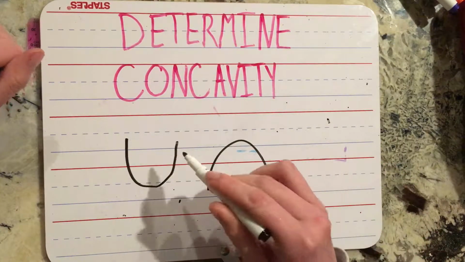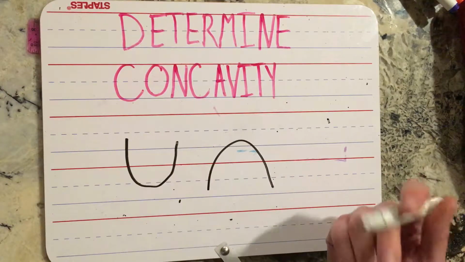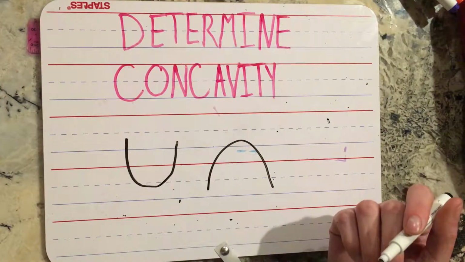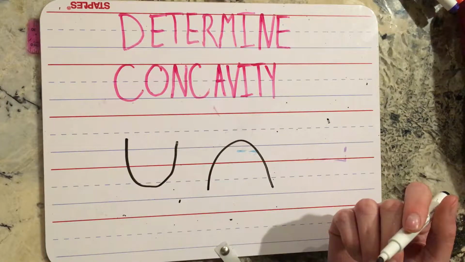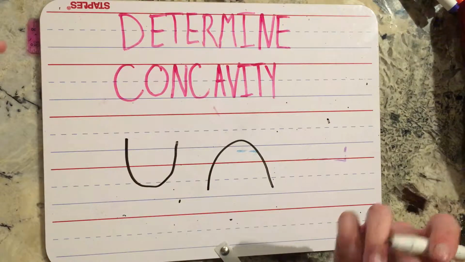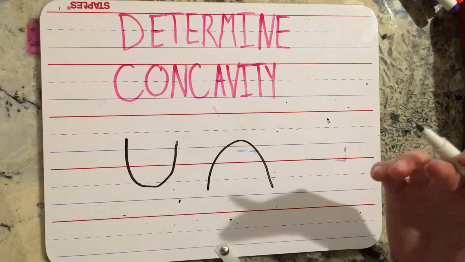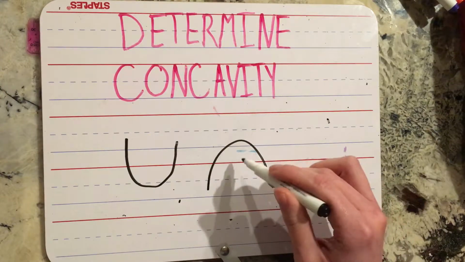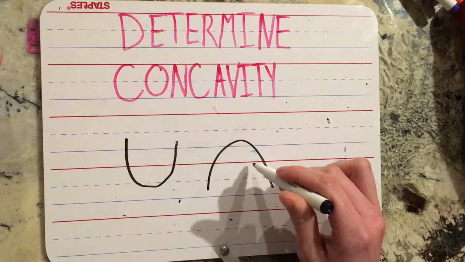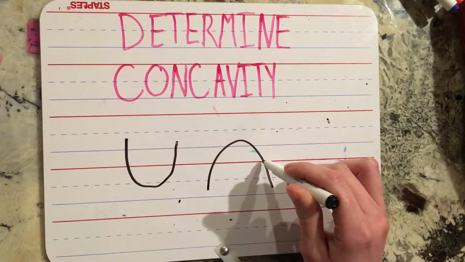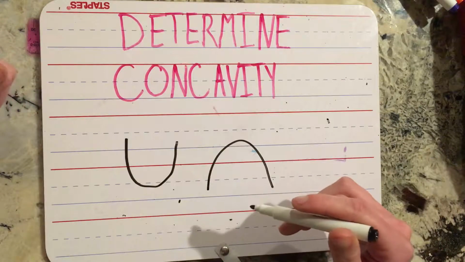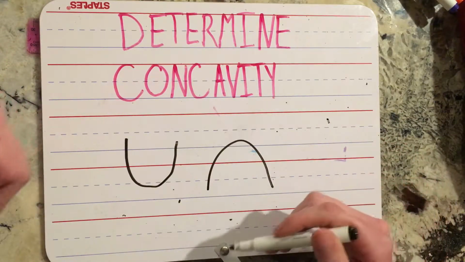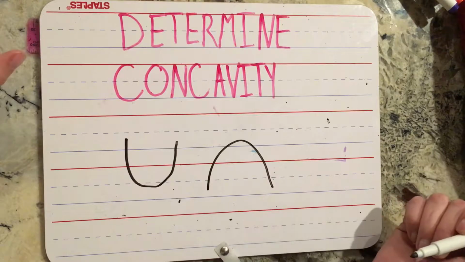Even though you might see this as convex and this as concave, you have to remember that in math you can move your coordinate plane around a little bit, and that changes the perception of what you perceive to be concave or convex.